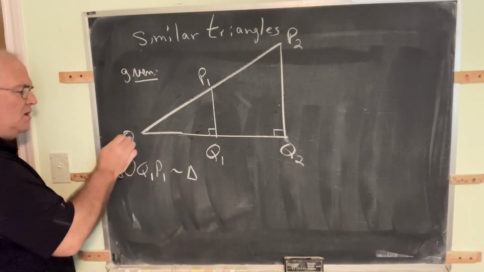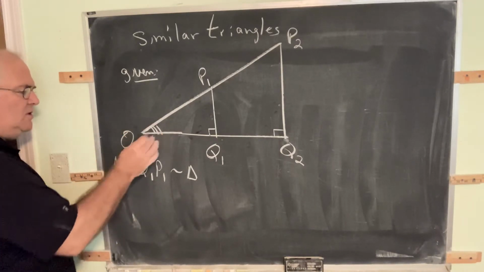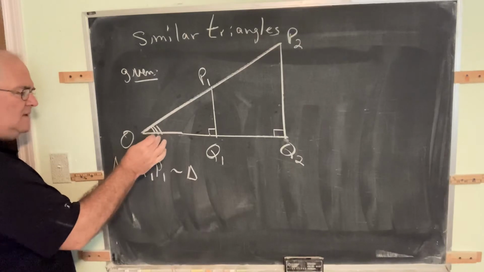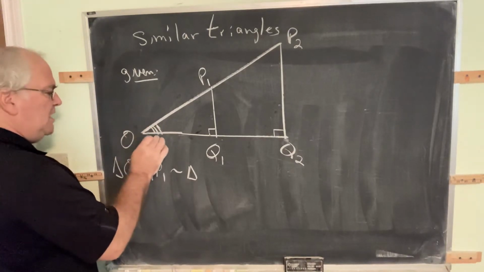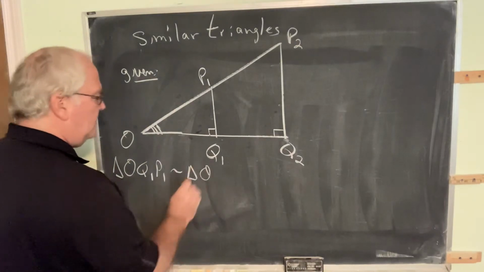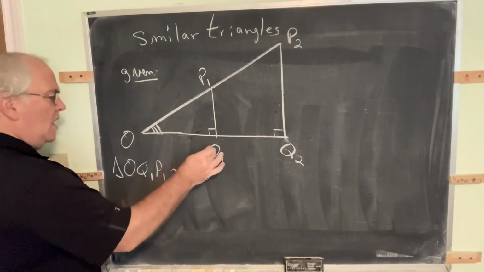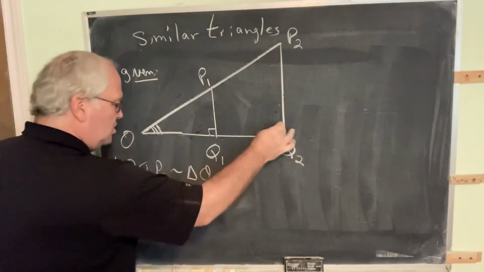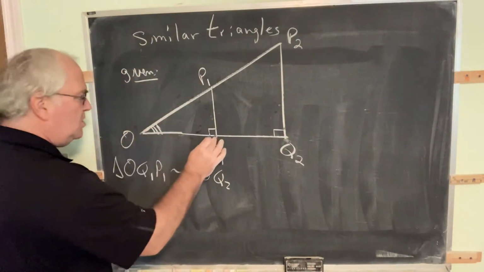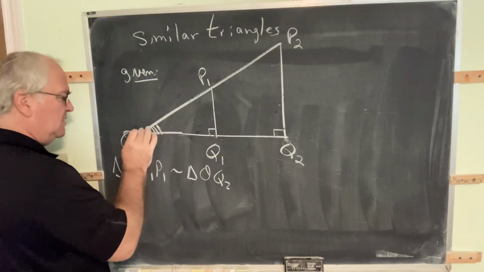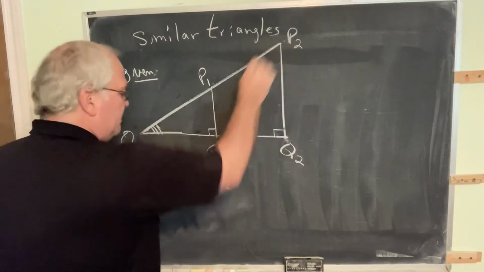Yes, O needs to correspond to itself. O is equal to itself no matter what. That's the reflexive property. And then Q1 is the right angle. Well, Q2 is the right angle. And then O, Q1, P1 would be similar to O, Q2, P2.